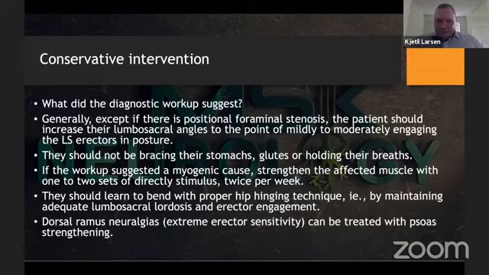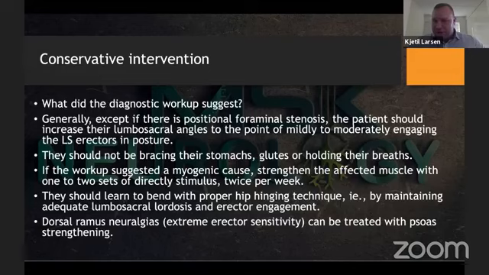I briefly discussed this. Dorsal ramus neuralgias. This is a little diffuse, but this could possibly be placed under the psychosocial groups, if you will. But if the MRI is normal, there's not a lot of QL pain, and you have this horrible paraspinal pain that doesn't really fit with anything, I mean, if you know that there's no rupture of the paraspinal muscles and still they have this horrible pain down the paraspinal segments, it tends to be dorsal ramus neuralgia, and it's a referred symptom from a psoas dysfunction.